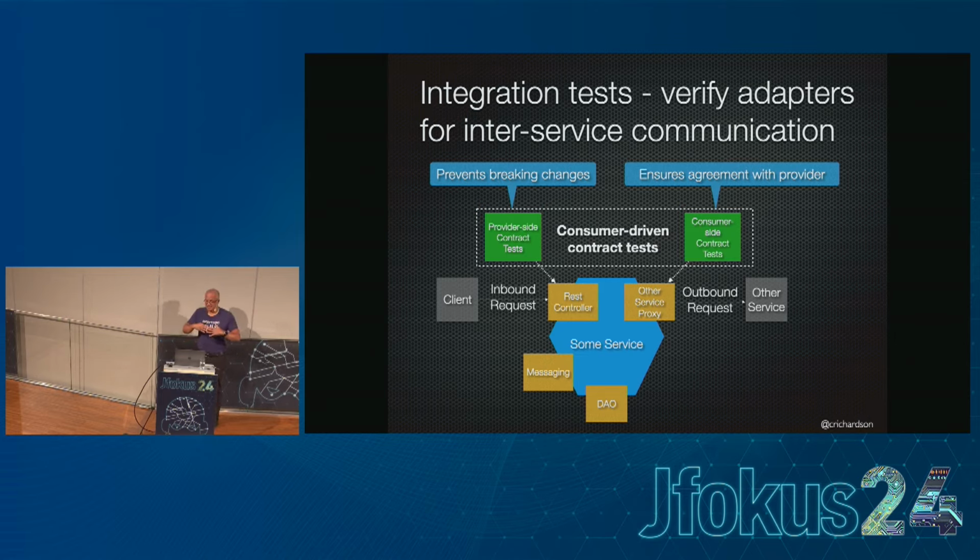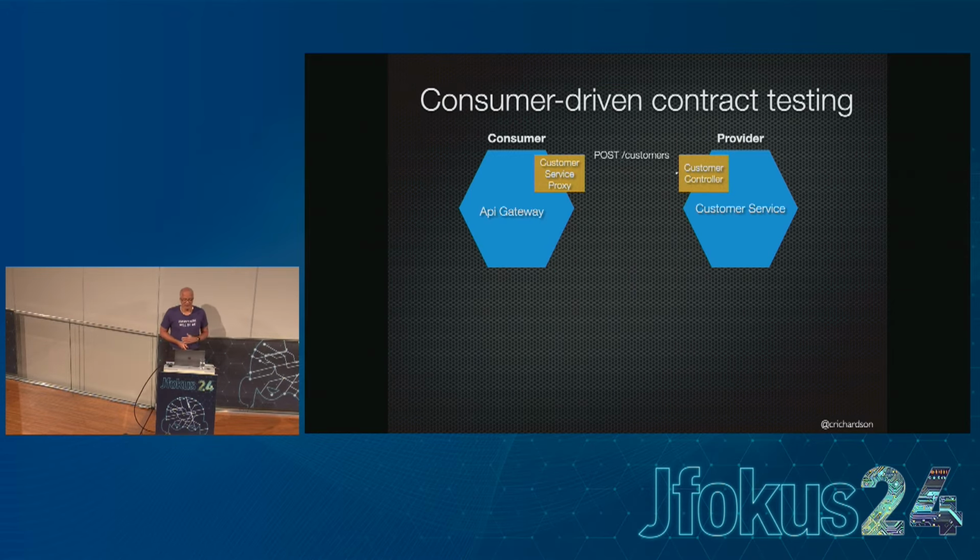That's a testing technique where you test two services that ordinarily communicate, in isolation, in a way that validates that they actually can communicate. And it relies on these contracts. So here's an example of that. Imagine, in this application, the API gateway is forwarding a POST request to the customer service in order to create a customer. And there are two classes involved in that.